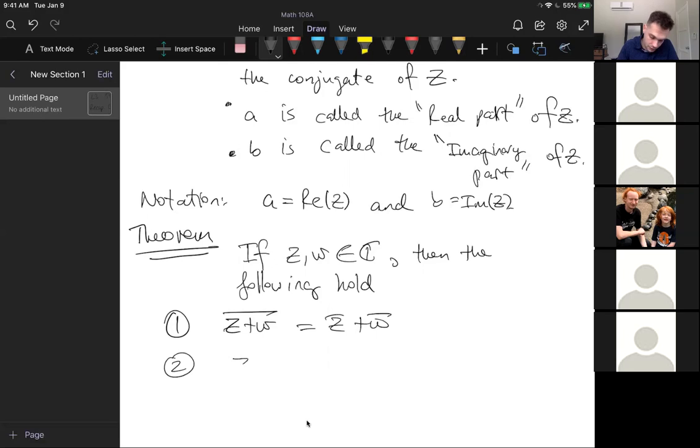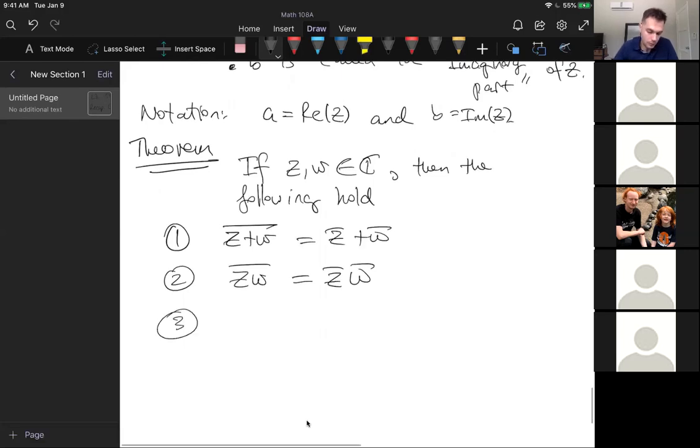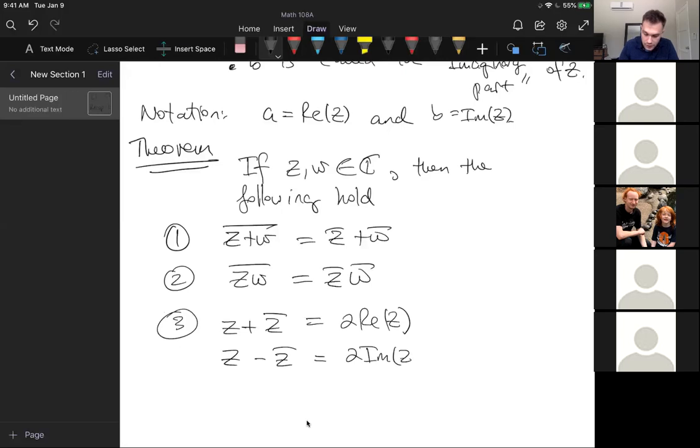Same with the product. If I take the sum of z and its conjugate, I get double the real part of z. And if you take the difference, you get two times the imaginary part of z.